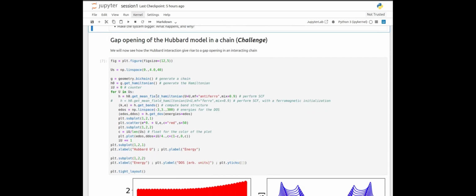Every time that we solve the mean field Hamiltonian, we compute the electronic structure, in particular the band structure, and we compute the density of states. We are going to plot both as a function of the interaction. So we want to see how the density of states in a chain evolves as we go from the non-interacting limit to the strongly interacting limit.